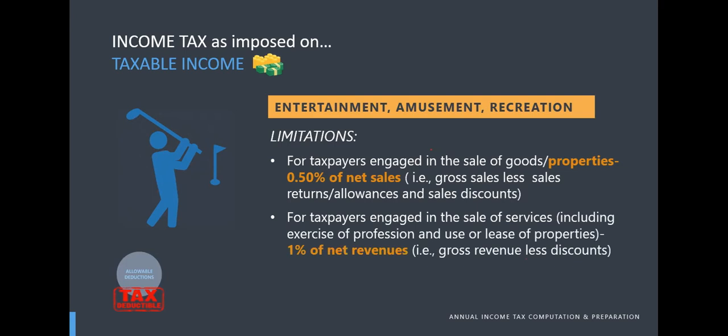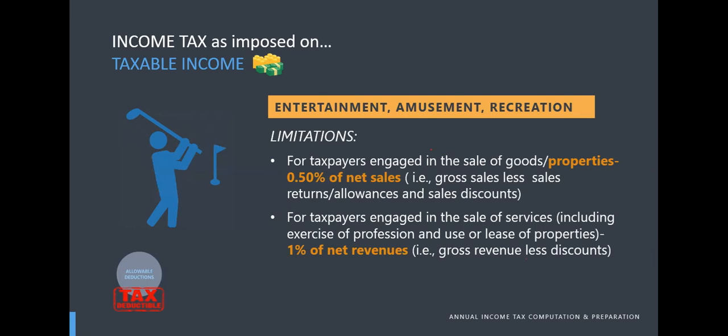So next, for those taxpayers engaged in the sale of services, including the exercise of profession and use of lease of properties, the limit or the threshold is 1% of net revenues. So, balik ulit tayo sa example. If there is a 1 million revenue, net revenue, 1% of it is the limit.